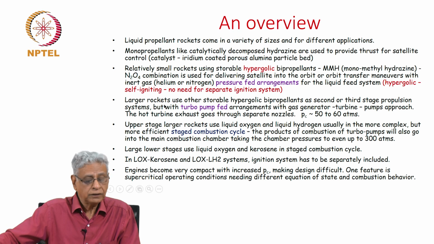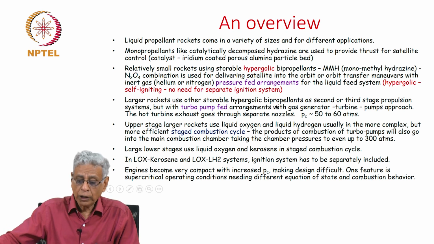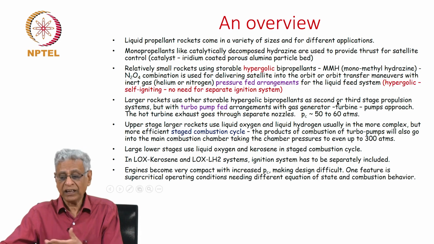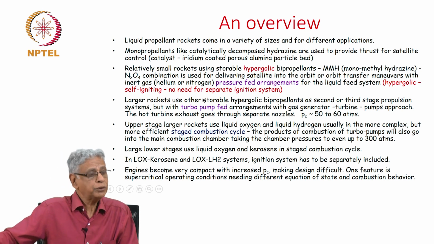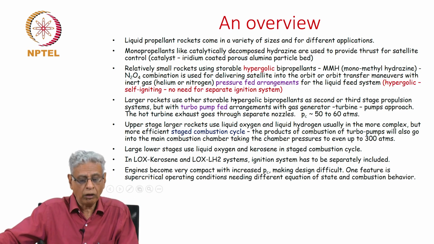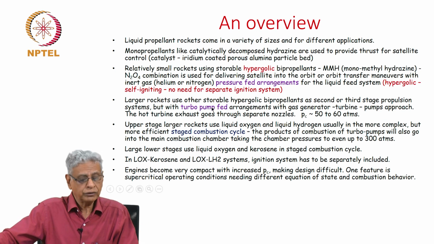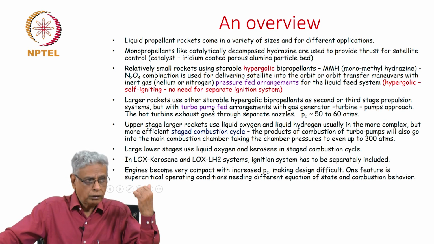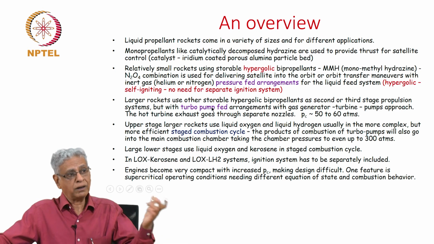Larger rockets use storable hypergolic bipropellants as second or third stage propulsion systems, but with turbopump fed arrangements. You please see here it is pressure fed because sizes are small, these sizes are large. Sizes means both in terms of flow rate and the burn time they are large.